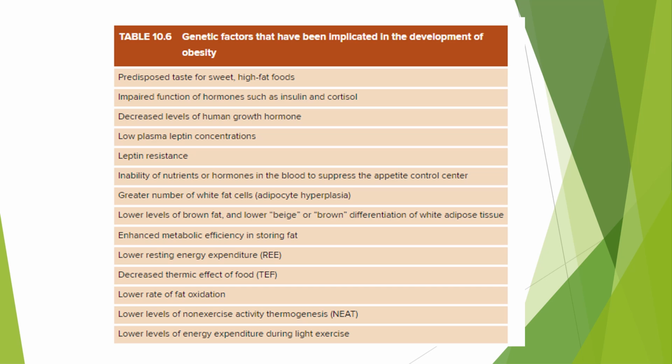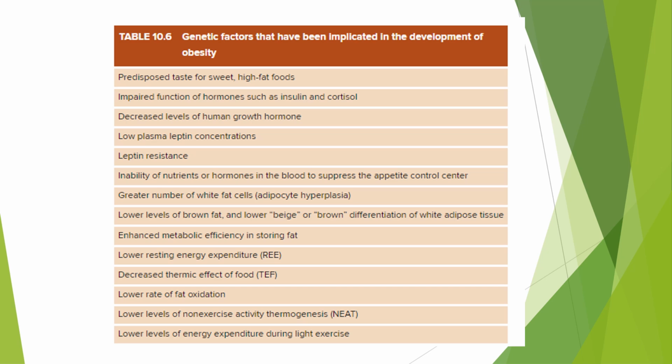The MC4R, or melanocortin 4 receptor. Mutations in this gene are associated with severe obesity and affect appetite control and energy expenditure. And the LEP, which is leptin, or LEPR, which is the leptin receptor. Variants in these genes can affect leptin levels and signaling, impacting hunger and metabolism.